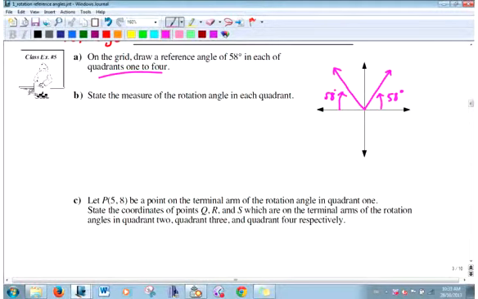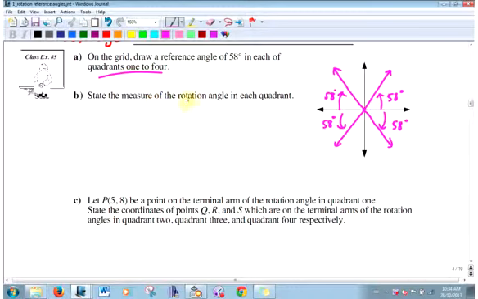If it's in quadrant 3, there it is, 58 degrees, and same thing for quadrant 4. Okay, that's the easy part.